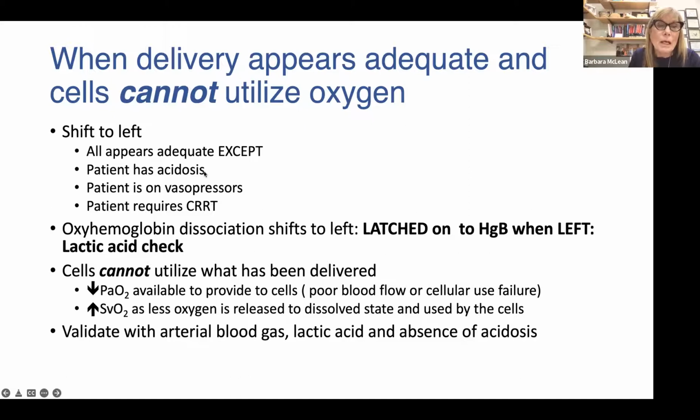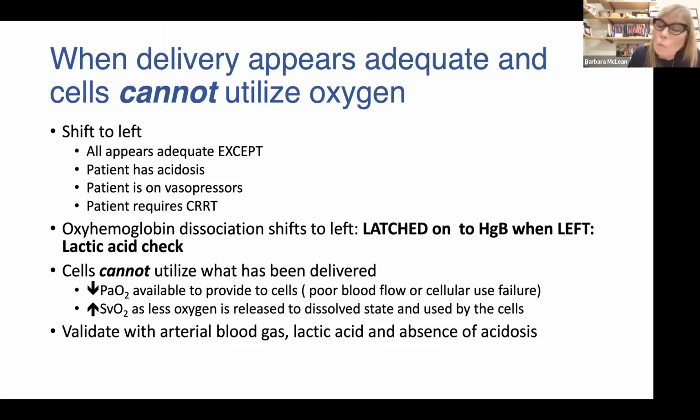So in this condition where your SvO2 may be normal to elevated, but you have worsening acidosis, increasing requirements for vasopressors, or the patient now needs to go on CRRT, but your SvO2 is normal or elevated, you have to look at the presence of acid. Here, your cells cannot utilize what's been delivered. You have an AV shunt, blood doesn't flow through the capillaries, oxygen doesn't dissociate, your SvO2 is higher than expected.